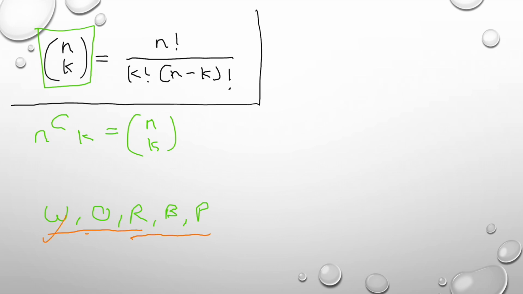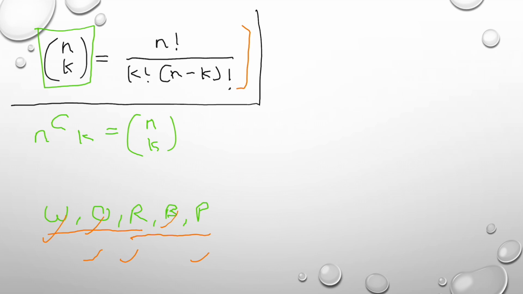I could even go with white, orange, and blue, or maybe even orange, red, and pink. Who knows how many ways there are? So, what a combination does is that it gives you the total number of ways you can select a different set of objects.